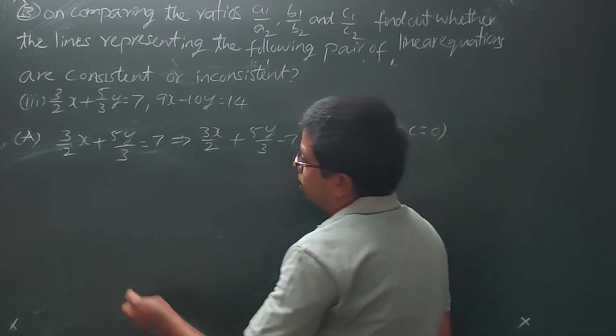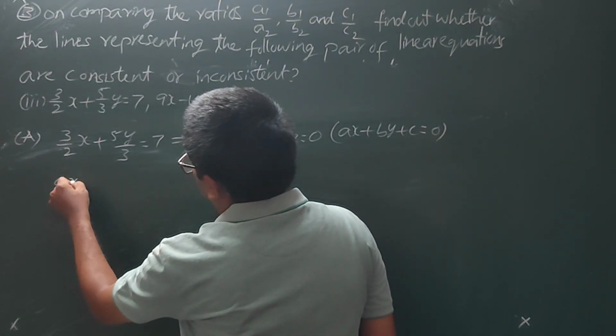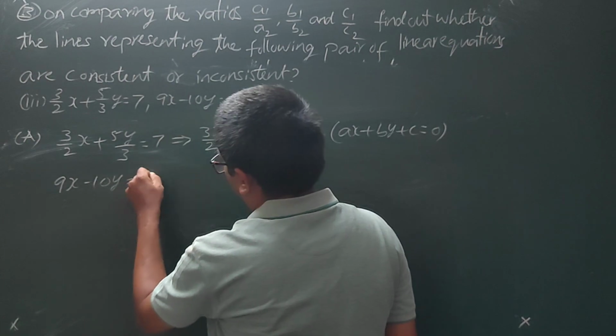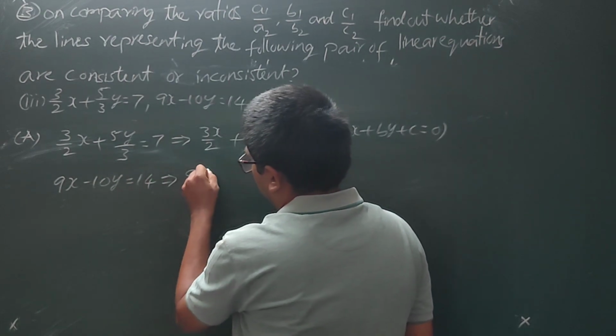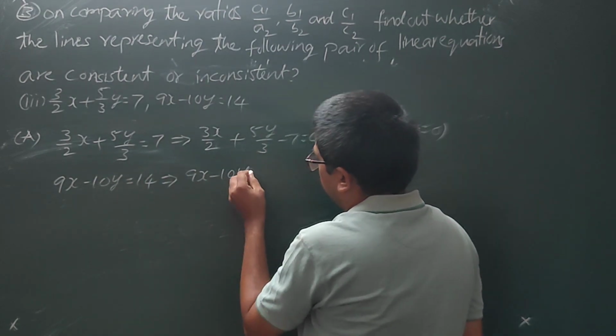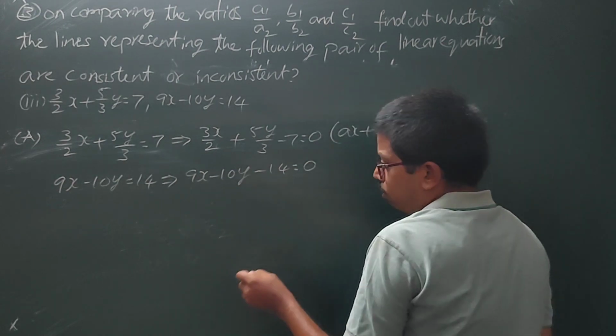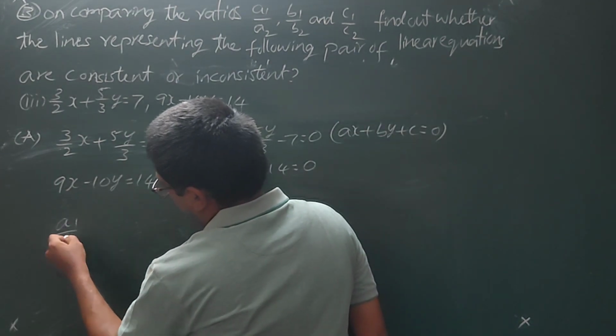Second equation, 9x minus 10y minus 14 equal to 0 will be the standard form of 9x minus 10y equal to 14.